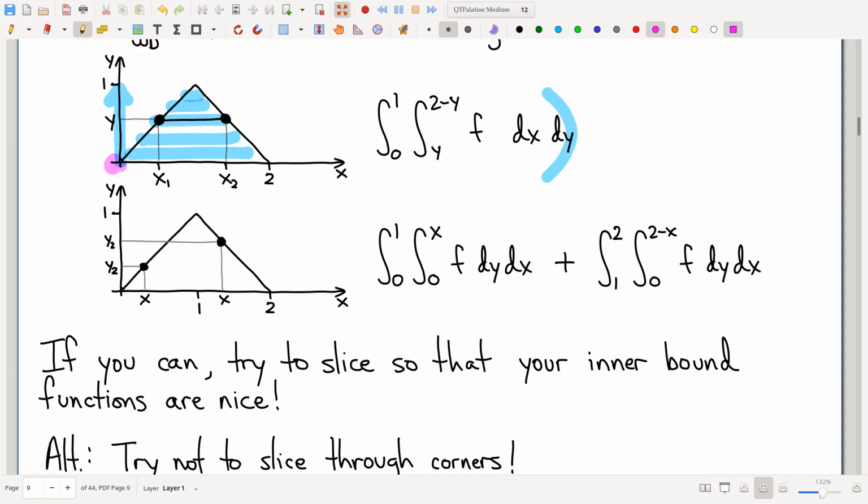Obviously, there are corners at the very beginning. No problem. That's where I was starting. I don't have to break off and start anew. I was already starting a new integral, you might say, at those corners. And likewise at the very end, yes, there's a corner there as well. Again, no problem. I was done anyway.